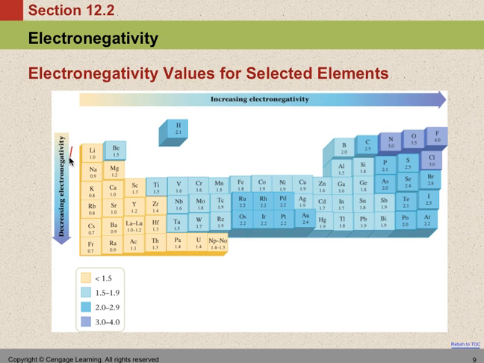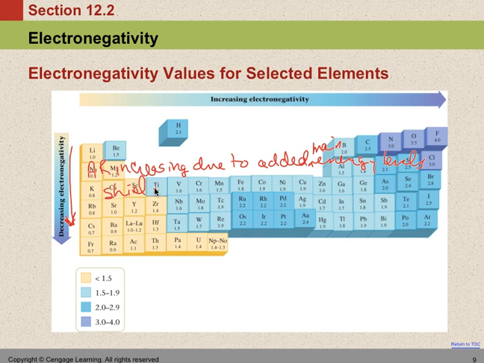Similarly, decreasing electronegativity going down a group corresponds to the atomic radius increasing due to added main energy levels as I go down a group, shielding the nuclear charge from outermost electrons.